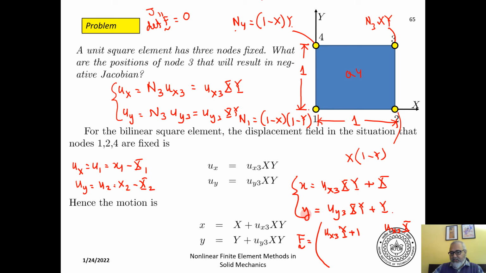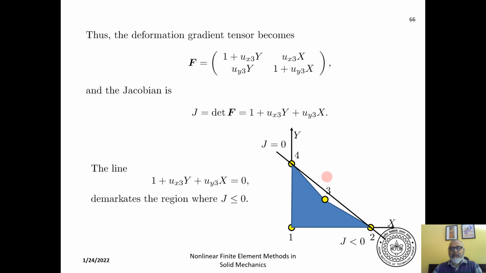Then the derivative of uy with capital X would be uy3 times y, and with capital Y would be uy3 times x plus 1. So this would be your deformation gradient, and from it you can now easily calculate the Jacobian, which is the determinant of F, and this Jacobian comes out to be this.